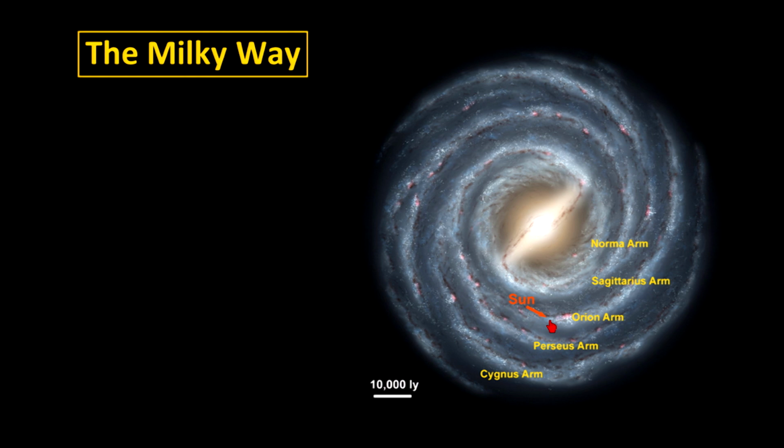If you remember from the last video, it was Harlow Shapley that was able to figure out that the center of the galaxy is in the direction of Sagittarius, and our distance from the center is about 28,000 light years. So the distance from right here all the way to right here is 28,000 light years. And so by studying it, we now know that the Milky Way has several prominent spiral arms.